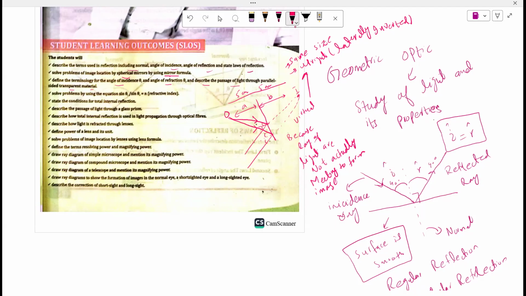And then the last topic that we're going to discuss today is the parallel-sided transparent material. For parallel-sided transparent material, let's consider this.